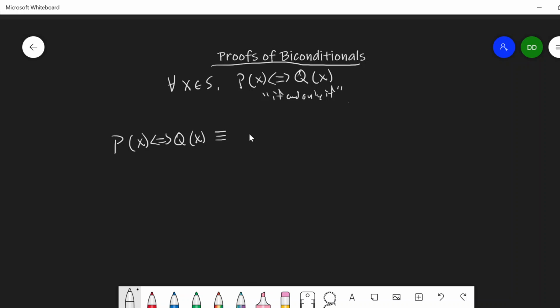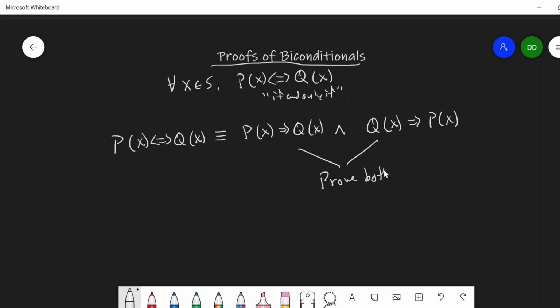So this is equivalent to showing that P of x implies Q of x, and Q of x implies P of x. When we're proving this statement, we need to prove both directions. So we'll actually have two statements to prove whenever we're proving a biconditional.